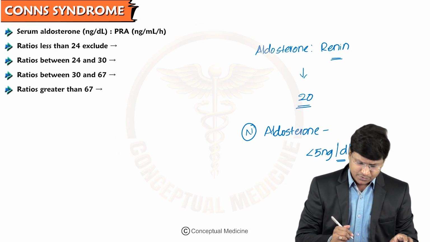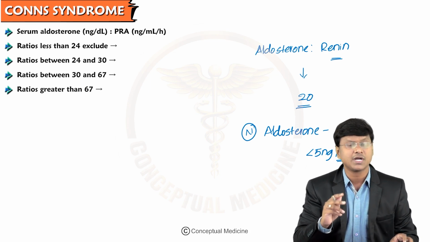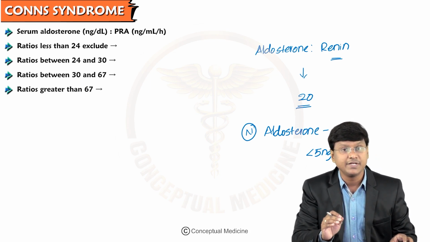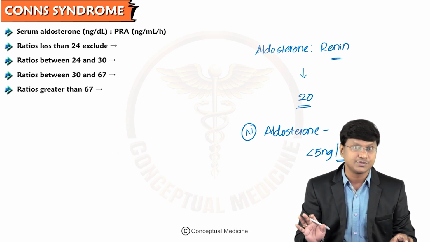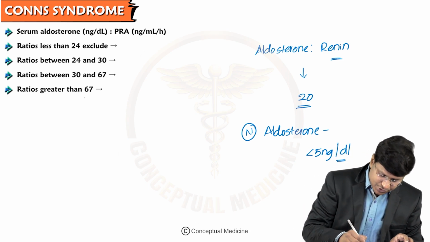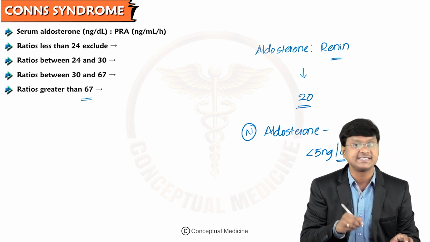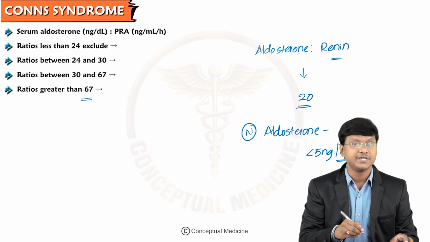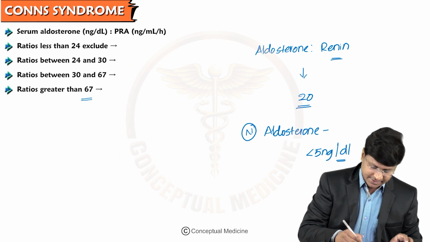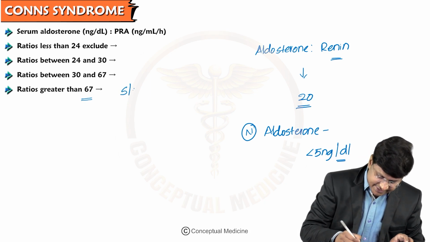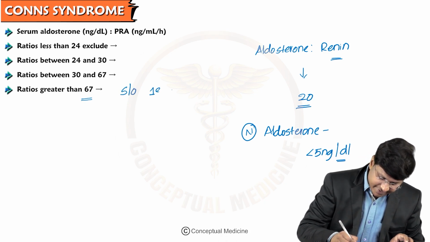Now, when will you suggest it is primary hyperaldosteronism? When ratio is more than 67, right? When ratio is greater than 67, this is highly suggestive of primary hyperaldosteronism. Right?